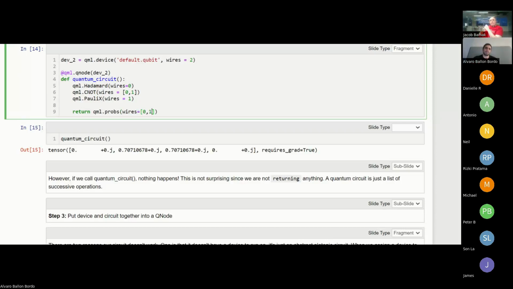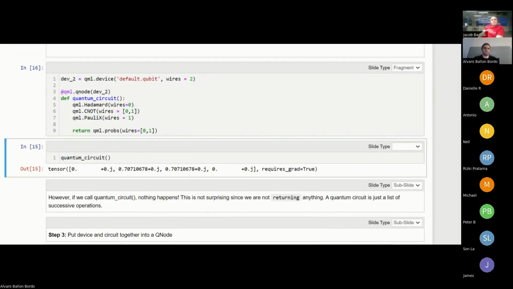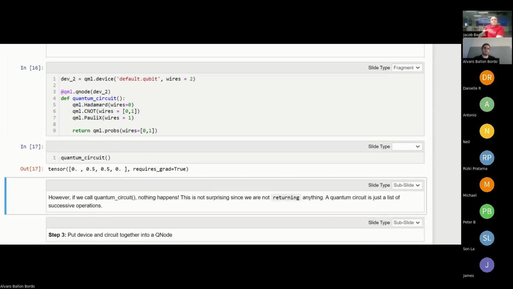So I can write here qml.probs, and I want the probabilities on all the wires. You can restrict yourself to the probabilities of only one wire. So for example, if I write this instead of a state at the end, you will get, oh yeah, it's what I already knew, that it was 1/2 that I get 0 and 1, and another half that I get 1 and 0.